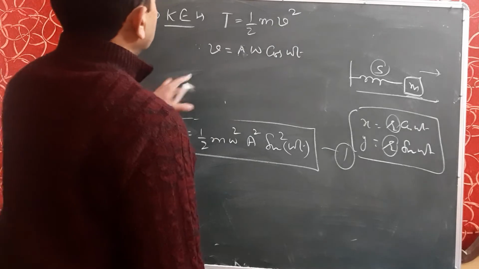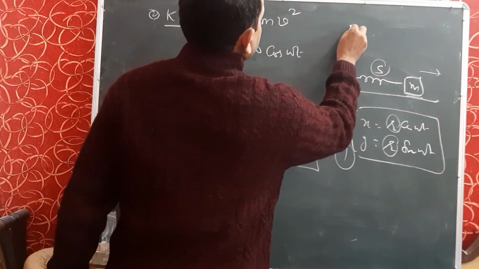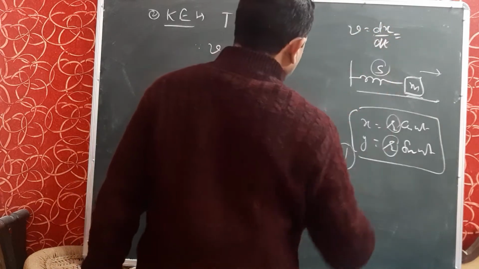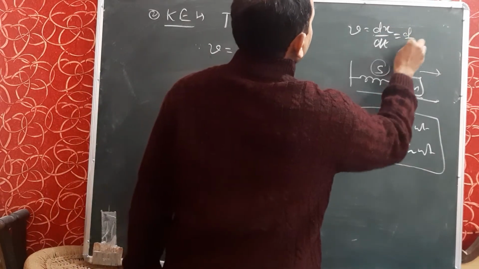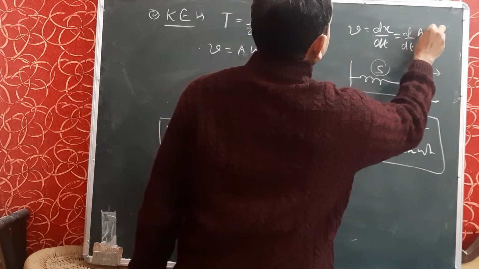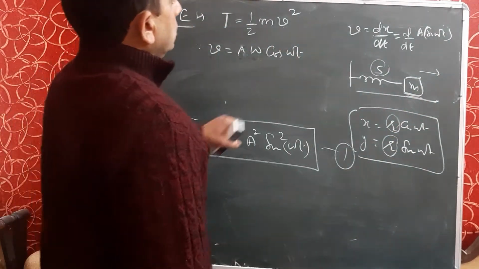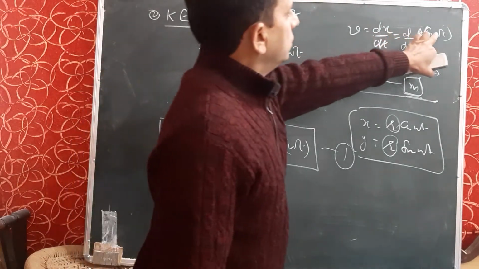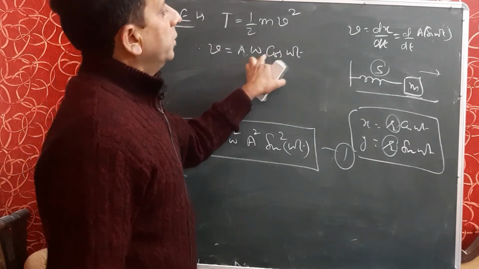Why am I writing this velocity as A omega cos omega t? Because velocity is the derivative of displacement. I have taken displacement as x, and the value of x is A sin omega t. The derivative of A sin omega t is A cos omega t, and the derivative of omega t is omega.